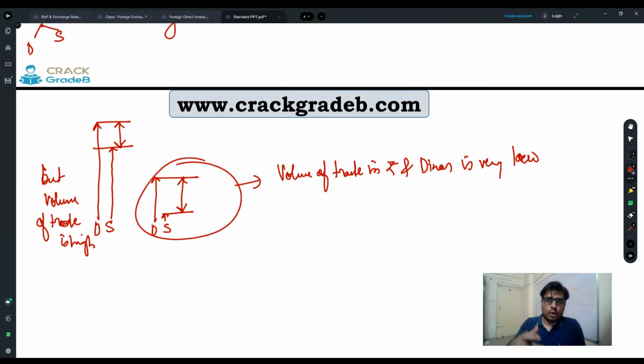So if they open their currency market, they are going to be exposed to fluctuation. That is why, for their protection, they do not allow the free movement of their currency. And with that manipulation you are able to maintain a high exchange rate with respect to other currencies, right?